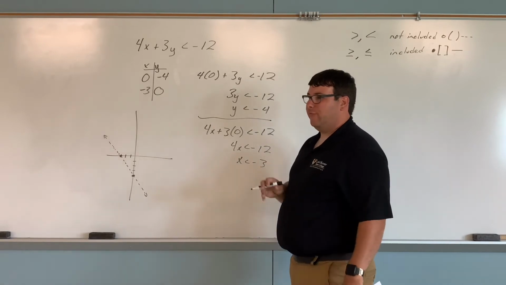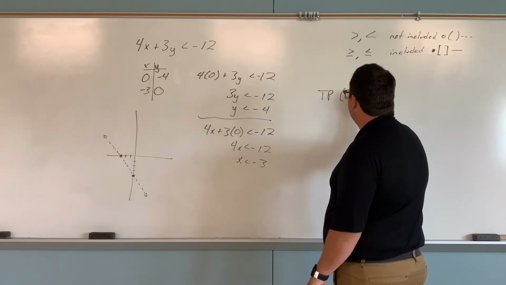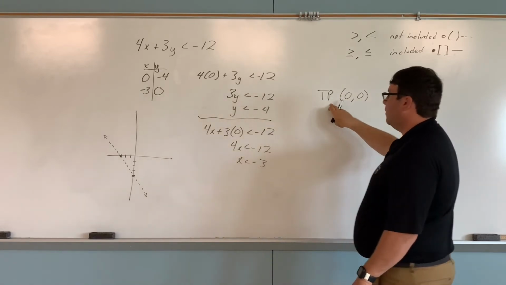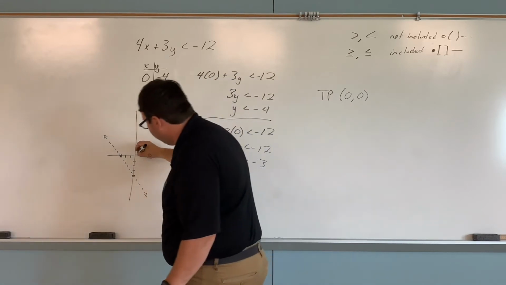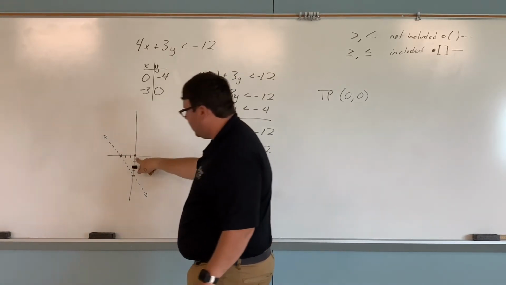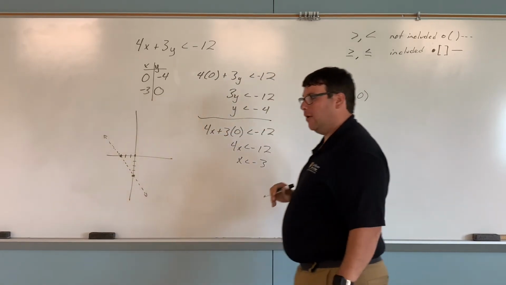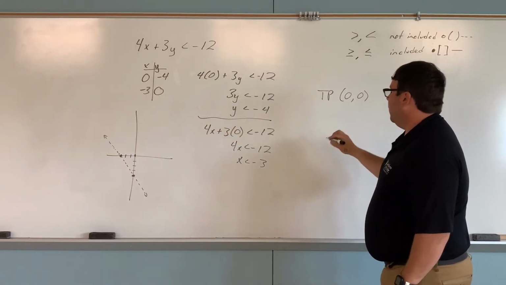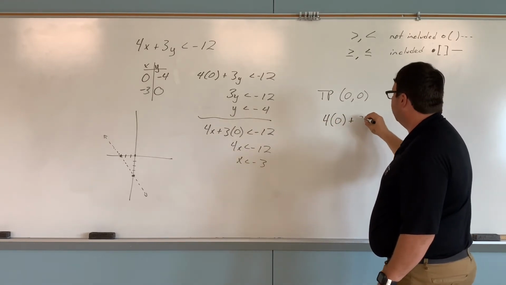But 0, 0 is very easy to calculate. So I'm going to use my test point as 0, 0. TP is my test point. Just to give identification, my test point is right here in relationship to my line. So it is not on the line at all. I take my equation and I plug in my values for my test point.